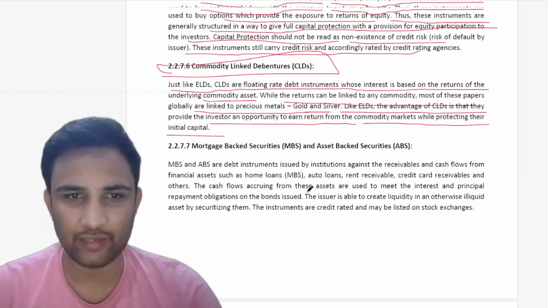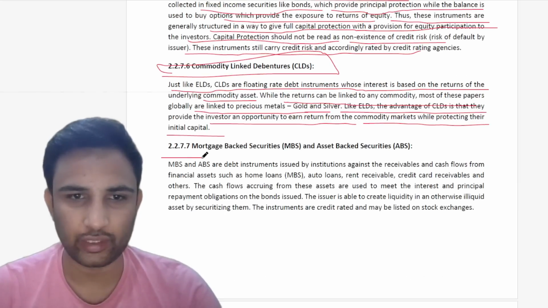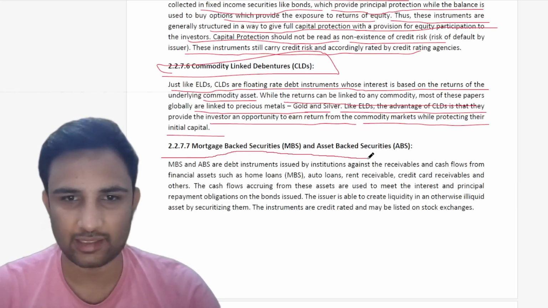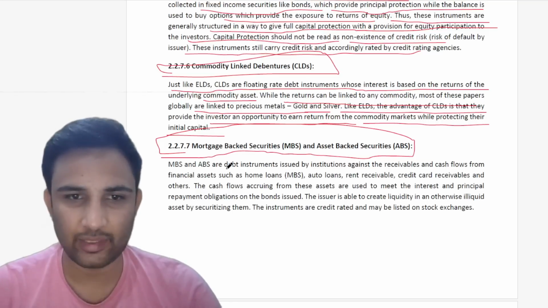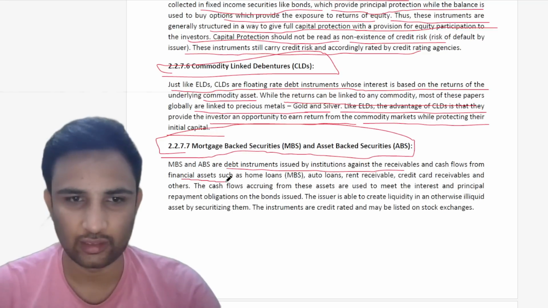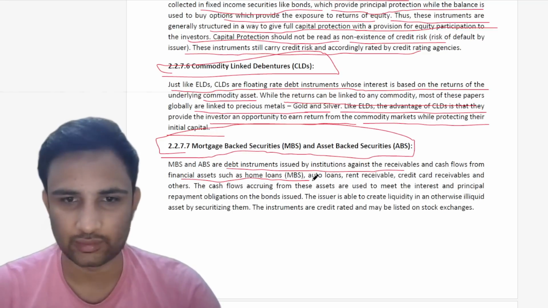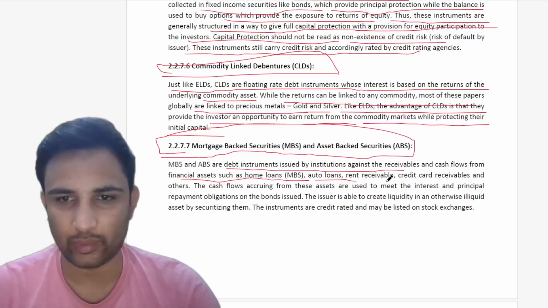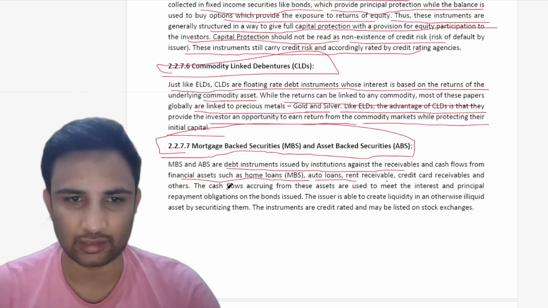The next term we have is mortgage-backed securities (MBS) and asset-backed securities, that is ABS. MBS and ABS are debt instruments issued by institutions against the receivables and cash flows from financial assets such as home loans, auto loans, rent receivables, credit card receivables, and others.